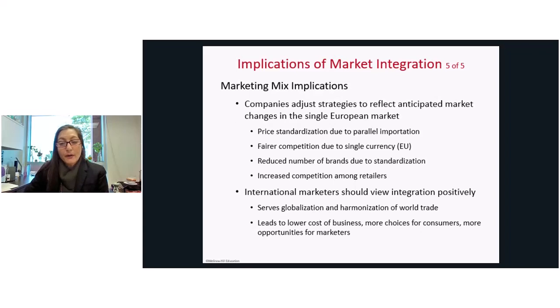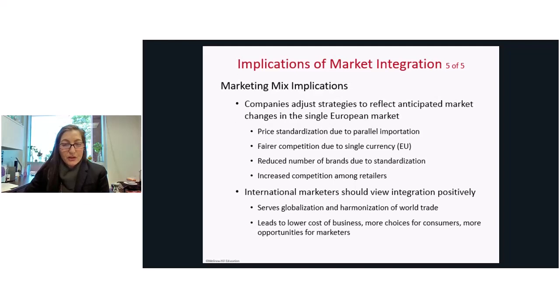Now, finishing up on marketing mix implications, organisations must adjust their strategies to reflect the anticipated market changes in the single European market. They need to look at price standardisation due to parallel importation. They need to look at fairer competition due to single currency of the EU.